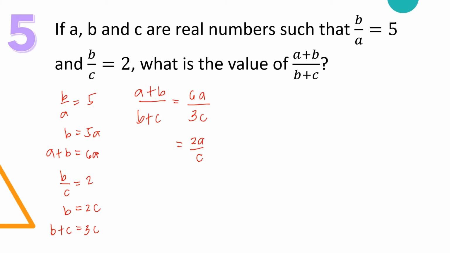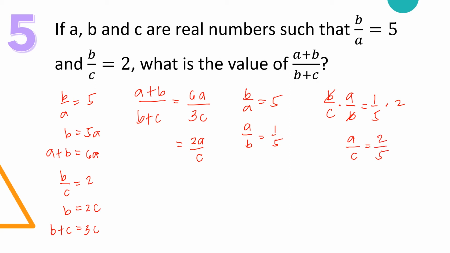Now, from b over a equals 5, we can have a over b is equal to 1/5. If we multiply this equation by b over c equals 2 term-wise, we can have b over c times a over b is equal to 1/5 times 2. b over b is equal to 1. a over c is equal to 2/5.